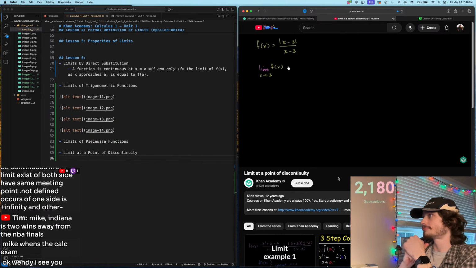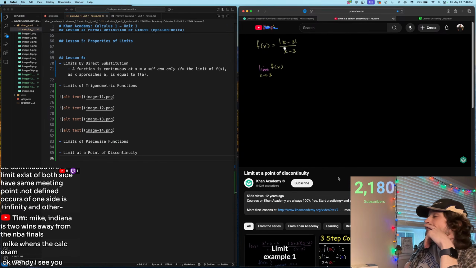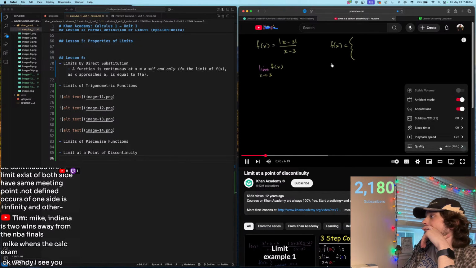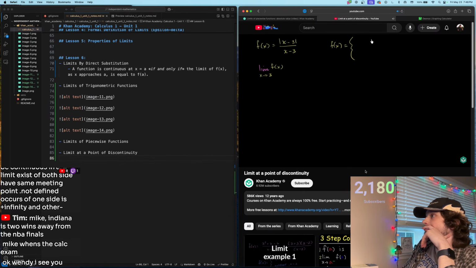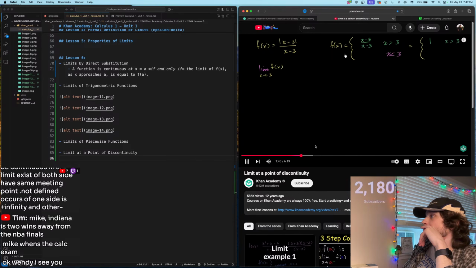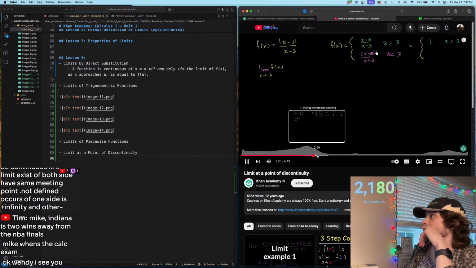So to answer this question, let's rewrite the same exact function definition slightly differently. So f of x is going to be equal to, and I'm going to think of two cases: when x is greater than 3 and when x is less than 3. When x is greater than 3, the absolute value of x minus 3 is the same as x minus 3, so you're left with 1.